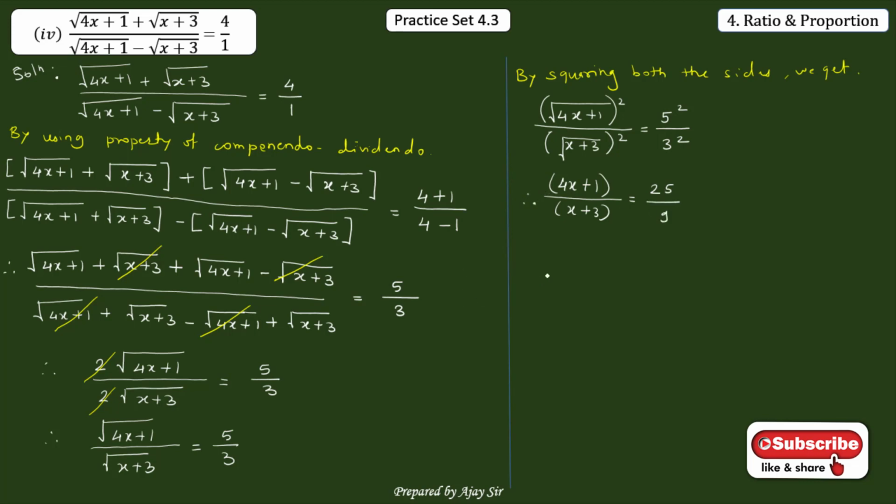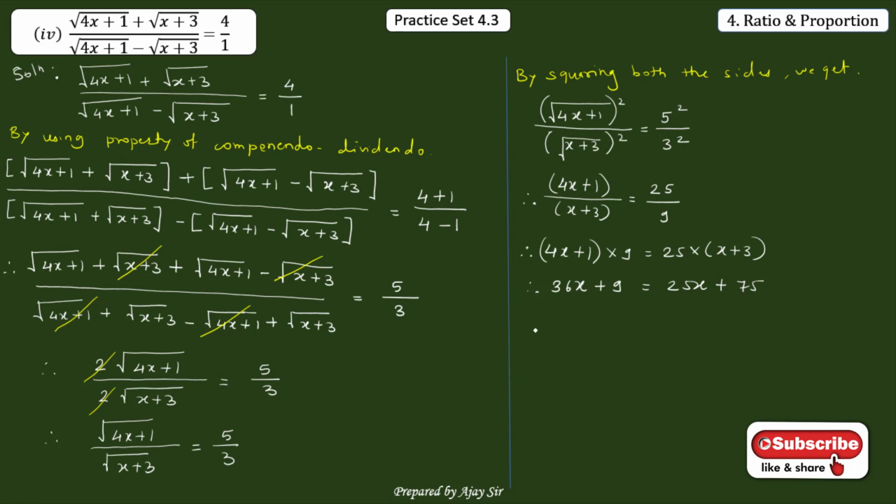Therefore, now cross multiply these terms: 4x plus 1 into 9, and this 25 into x plus 3. So therefore 4x into 9, that is 36x, plus 9 is equal to 25x plus 75.